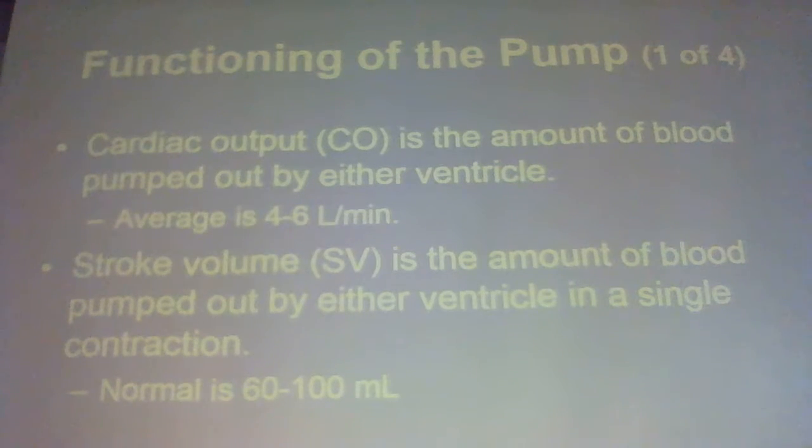So who knows what cardiac output is? What is it? Ejection fraction multiplied by beats per minute. Close. It's the amount of blood pumped out every minute. Amount of blood pumped in a minute. Correct? How do we get there?